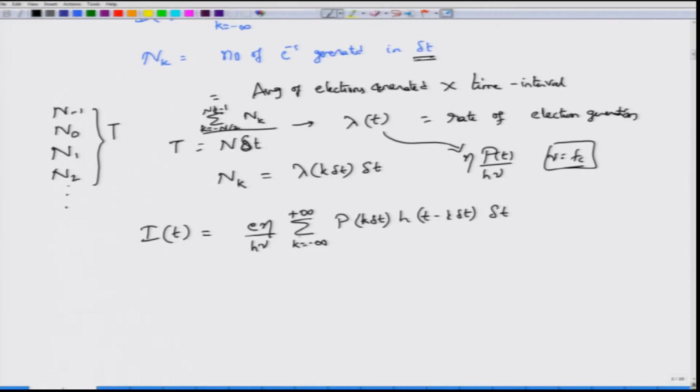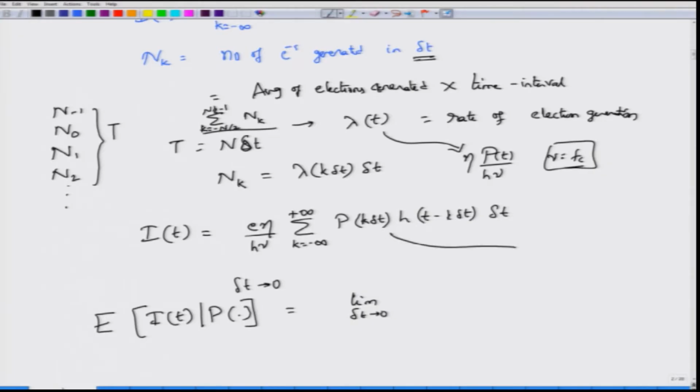Of course, this is a summation over infinite numbers, but you can get to a continuous distribution by taking delta t tending to 0. When you do that, what you get is the current I of t, given that a certain optical power has been transmitted. The average value of that is given by this limit of delta t going to 0. Please note that this equation would be true only when you have received a certain power. If you have not received any power, then you have not generated any short noise.